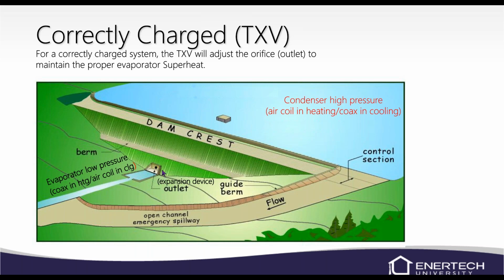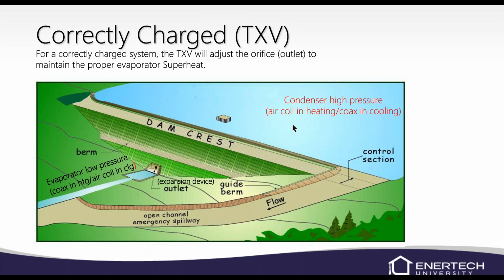The expansion device, or the outlet of the dam, is only going to allow as much water as it wants to maintain. It's going to hold all the excess back here in the reservoir, and the reservoir in our refrigerant system is the condenser, or the high pressure coil.